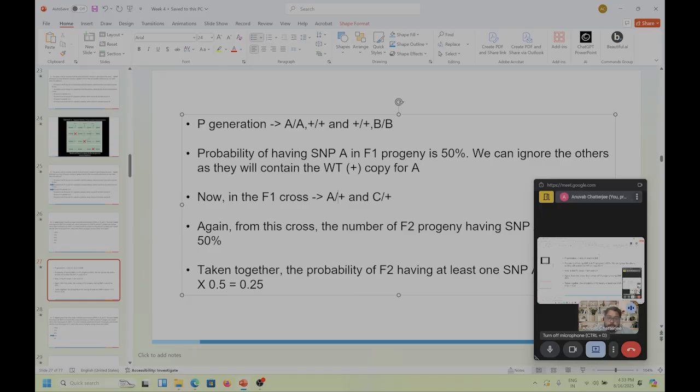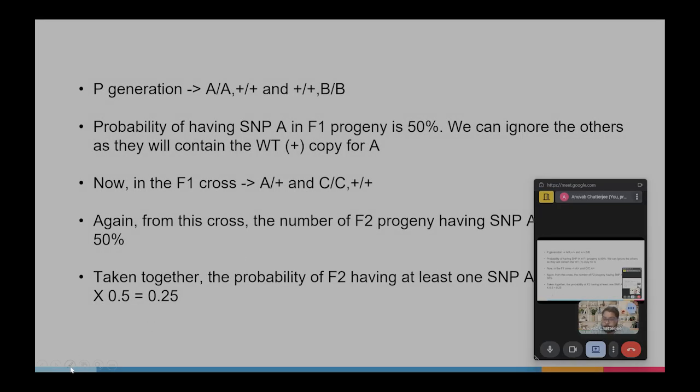I should have drawn the Punnett square here. So this is going to be A positive, B positive, AB, A positive. Yeah, this is fine. So then, again when you cross it, the gametes will be A positive, C and positive.